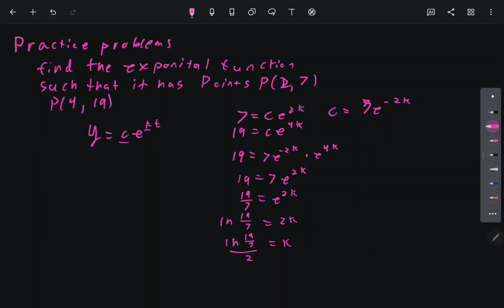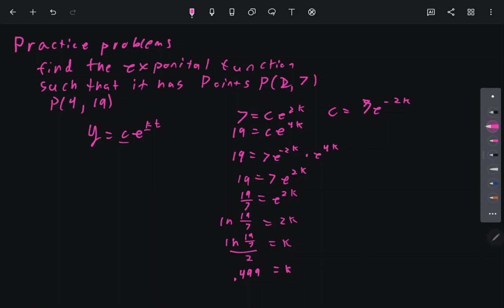Now what we can do is plug this value of k into the equation and solve for c. Let's actually just plug that into our calculator. After plugging into our calculator, we get a value that is approximately 0.4992, which I'm just going to say is 0.499. Now that we got that, let's solve for c.